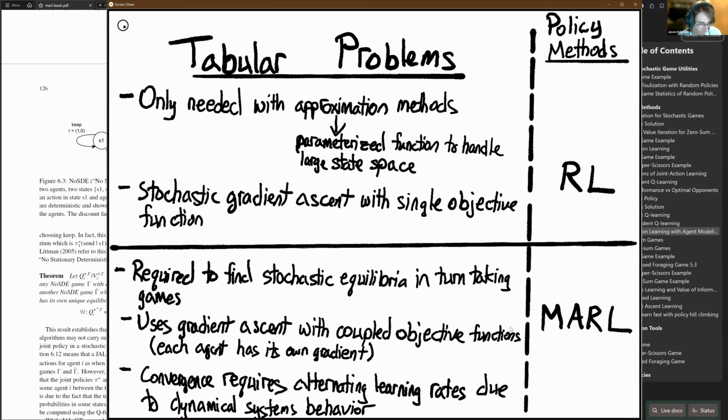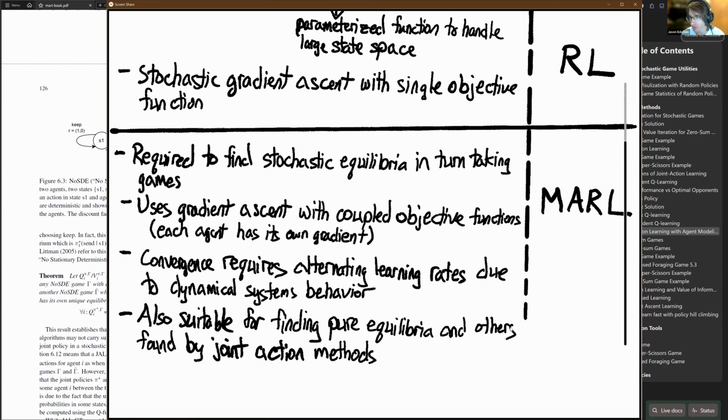And you can't simply use gradient ascent to find that equilibrium point. We're going to see that this set of gradient equations actually constitutes a dynamical system. And this dynamical system has behavior where if we try to do gradient steps in it, we could end up with a situation where we don't converge to anything. So we have to make some tweaks.